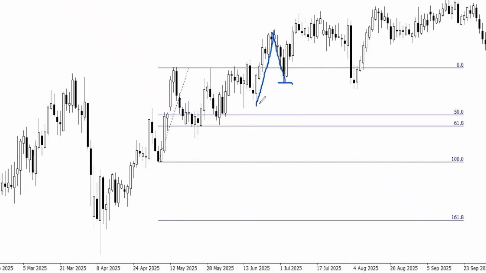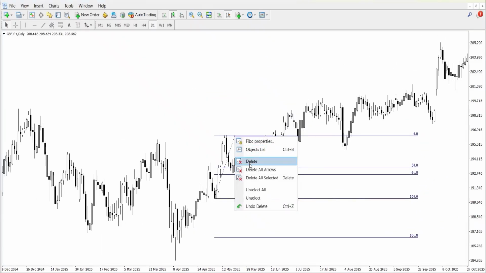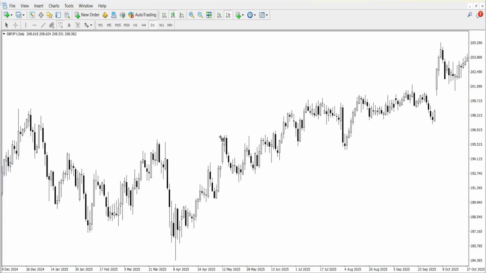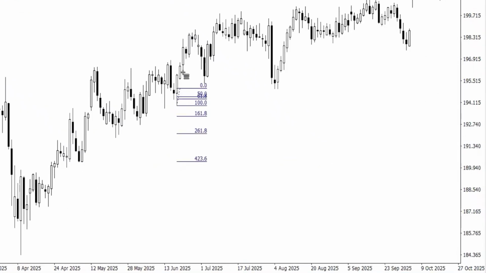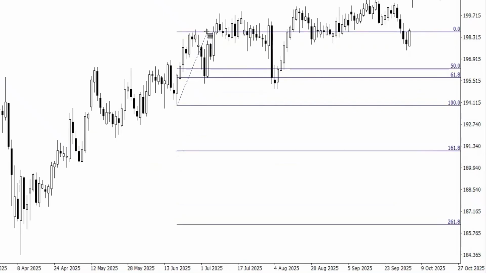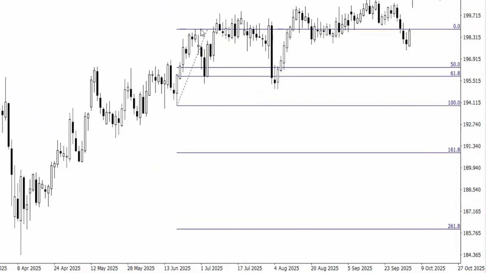Is that 50% of this move? Let's have a look. Let's put our Fibo on it. We started from here to there, to the high where it begins to drop down again, where it pulls back with the sellers.